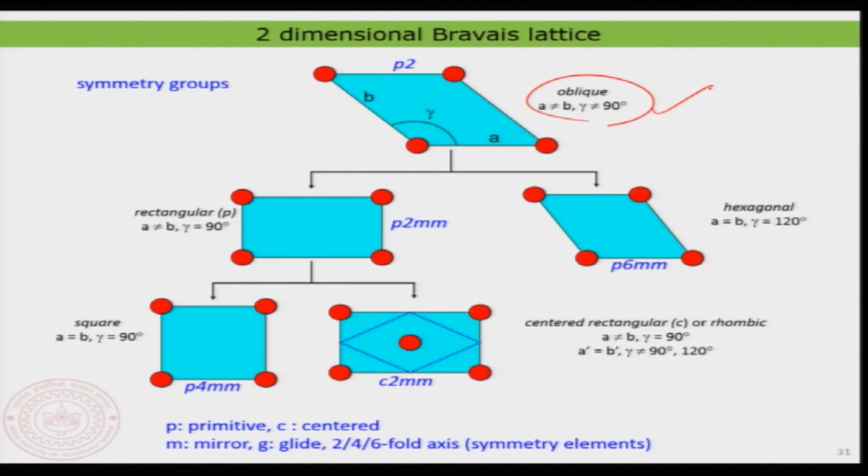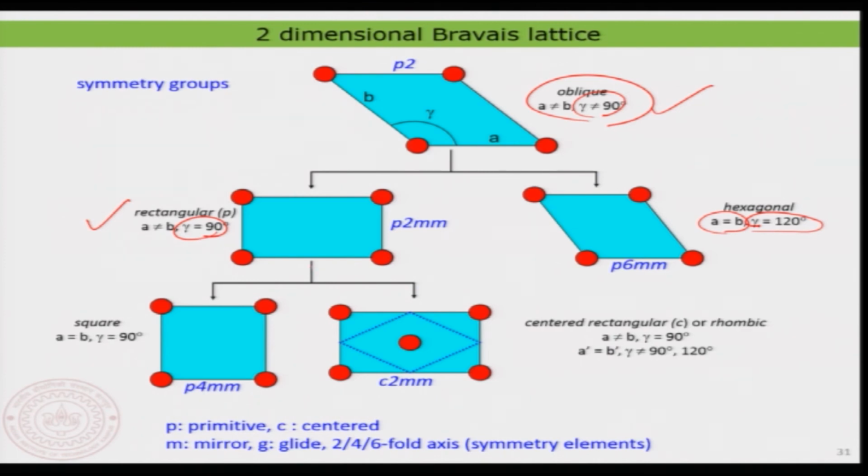Now, if you keep gamma at 90 degrees and keep A and B not equal to each other, then you form the rectangular unit cell. By keeping gamma at 120 degrees and A equal to B, you get the hexagonal lattice. So, that is the classification.